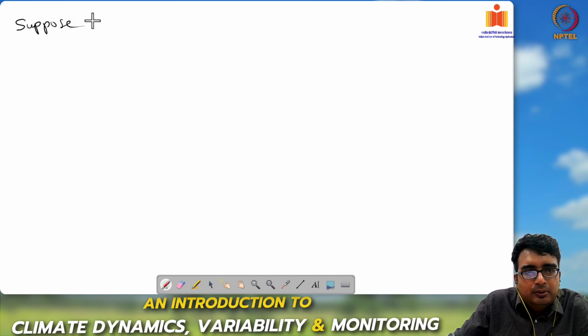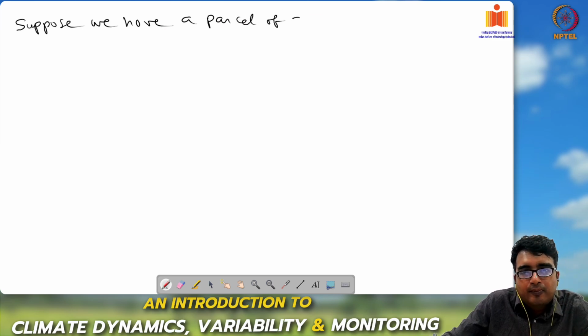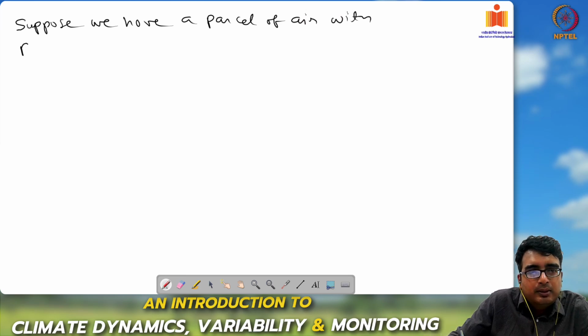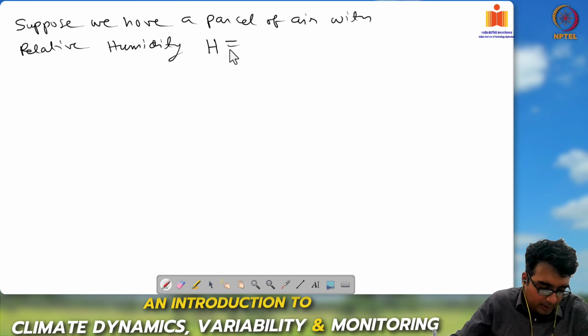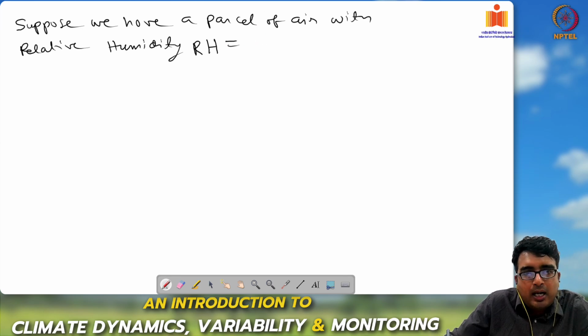Suppose we have a parcel of air with relative humidity RH equals 0.5.